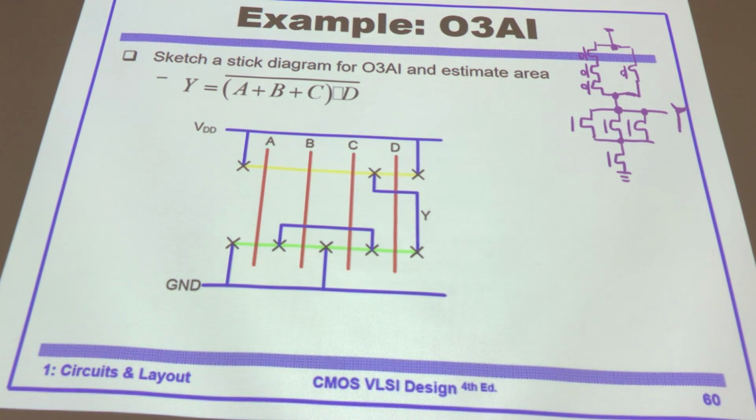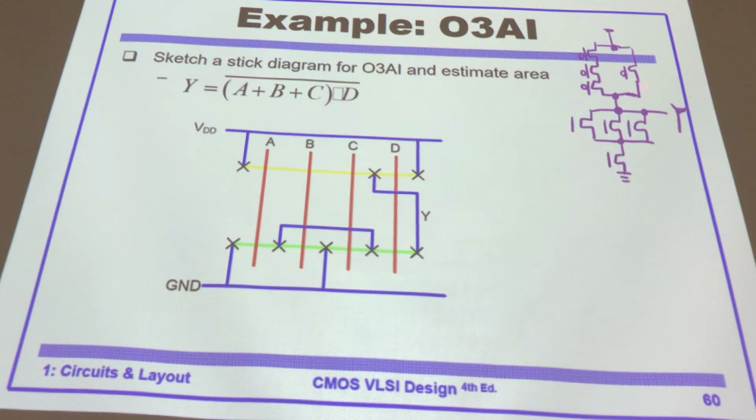So that's the circuit. And of course, the inputs for this are here, interchangeably. Okay? And this PMOS transistor corresponds to this PMOS transistor. Just the complement form. So that's the circuit, and based on the circuit, how do you draw the stick diagram?